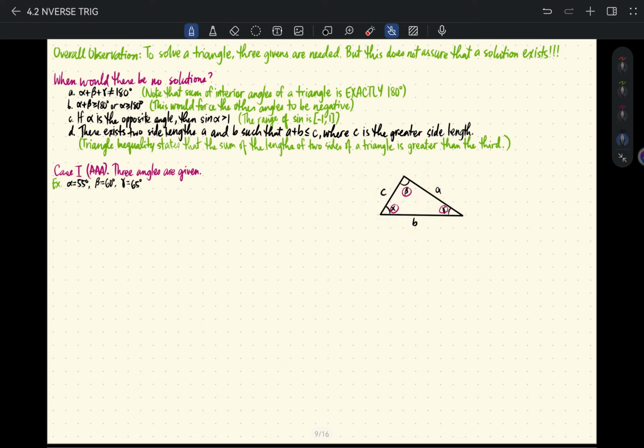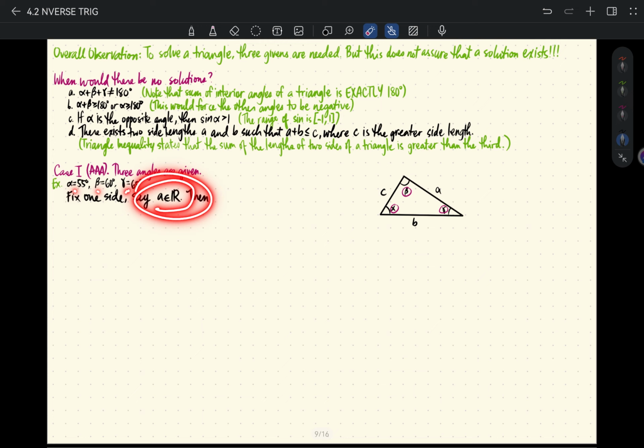And so to solve this one, what we can actually do is fix one side, say A. Then, what's good about this one is that you already have a given side and you have three angles.